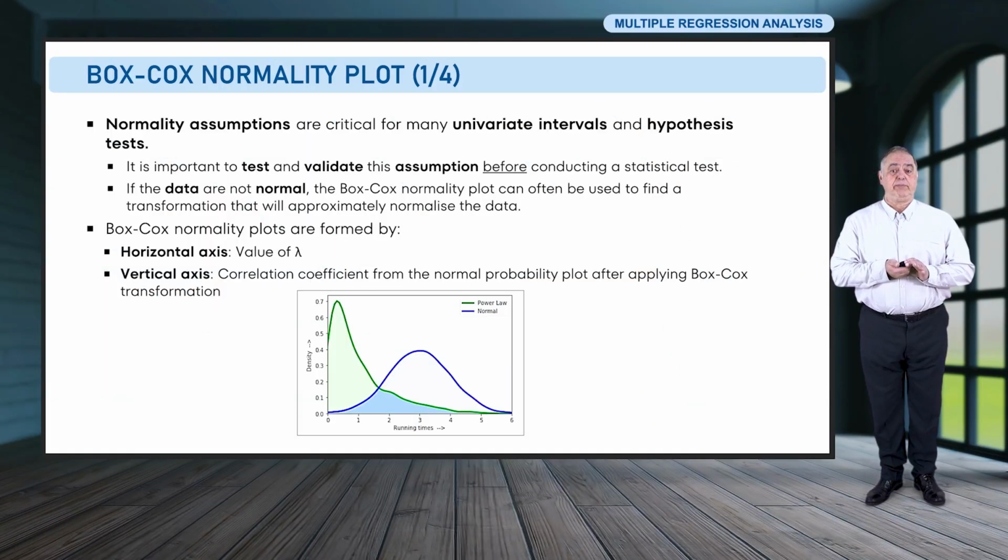Box-Cox normality plots are formed by, on the horizontal axis, the value of lambda, and on the vertical axis, we have the correlation coefficient from the normal probability plot after we have applied the Box-Cox data transformation.